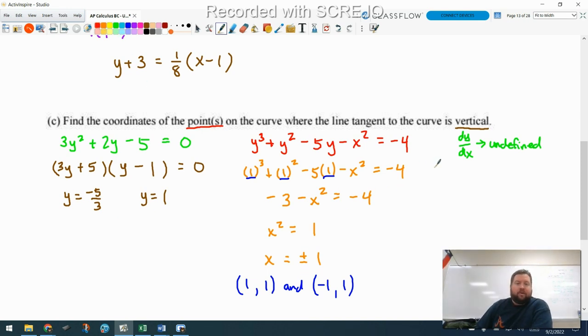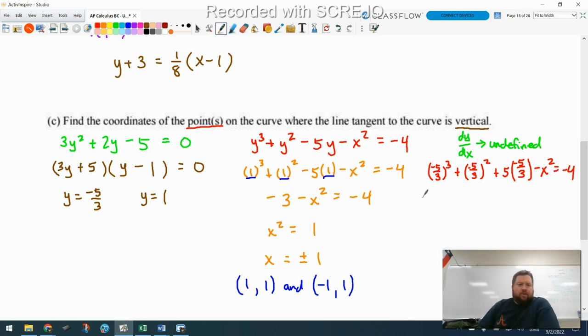y equals -5/3. So we get -5/3 cubed plus 5/3 squared plus 5 times -5/3, minus x squared equal to -4.